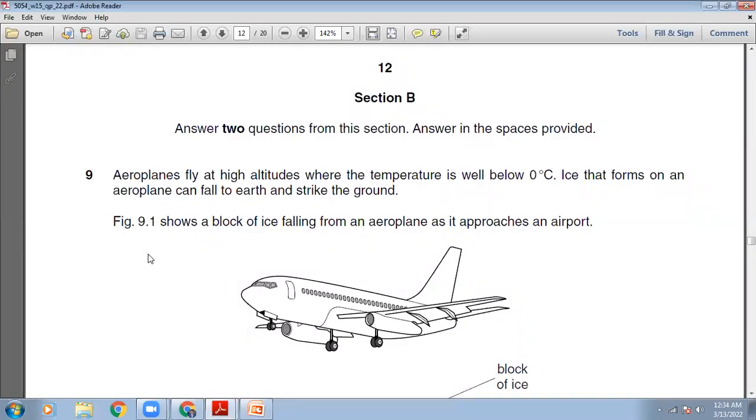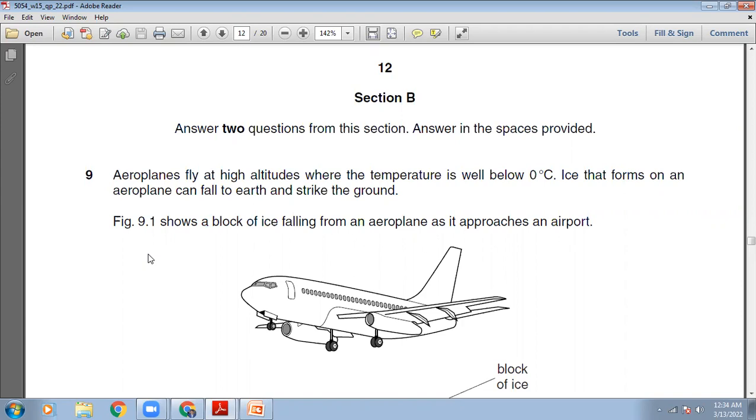Okay, so this is section B, starting from question number 9. Aeroplanes fly at high altitude where the temperature is well below 0 degrees centigrade. Ice that forms on an aeroplane can fall to earth and strike the ground.